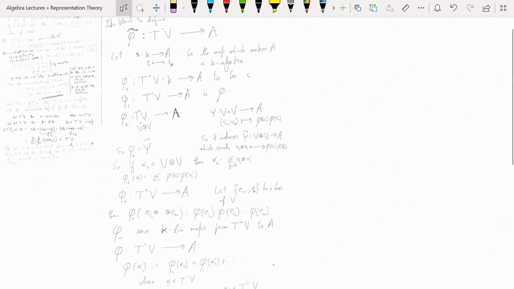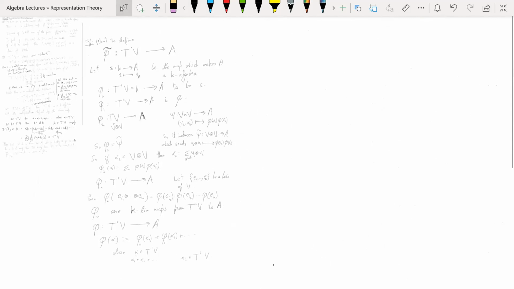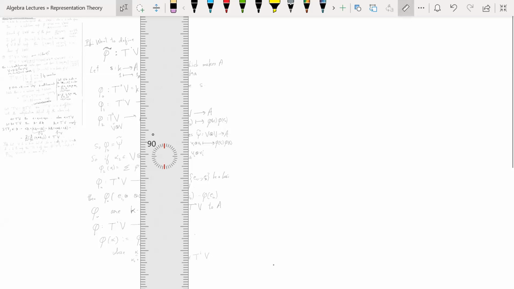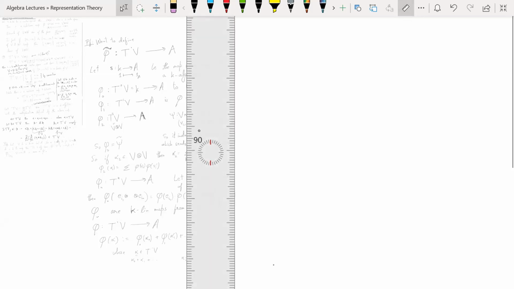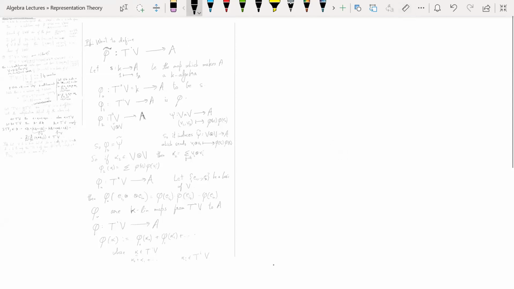So one only has to check that this is a K-algebra homomorphism, and then finally check that it is unique. Uniqueness is not going to be difficult because it's somewhat minimal. There were no choices in some sense. So let's first check that it's a K-algebra homomorphism.